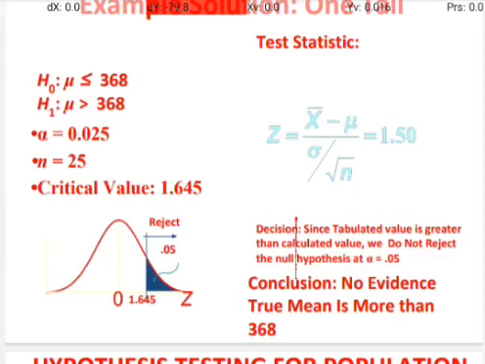But when Z calculated is less than Z tabulated, you will accept the null hypothesis. In our case here, 1.50 is less than 1.645, which is our Z tabulated. As a result of that, we can't reject the null hypothesis. So that means we have to accept it.